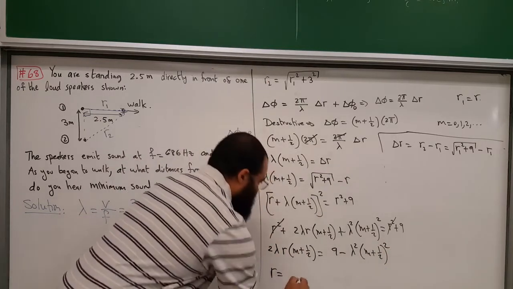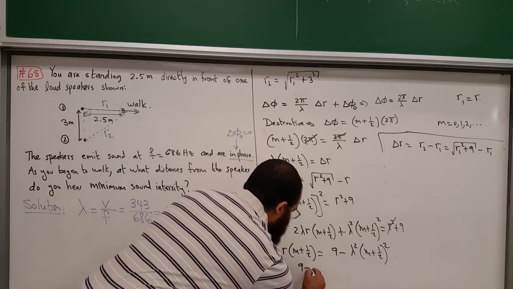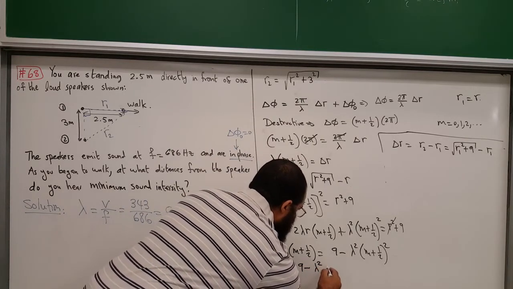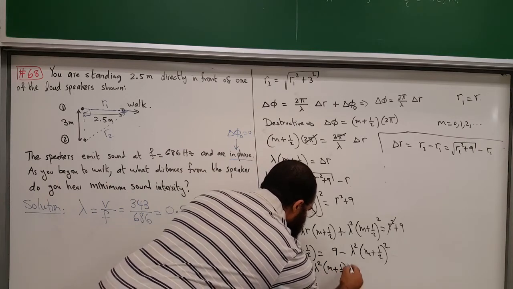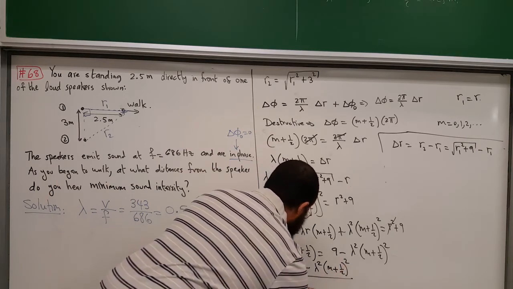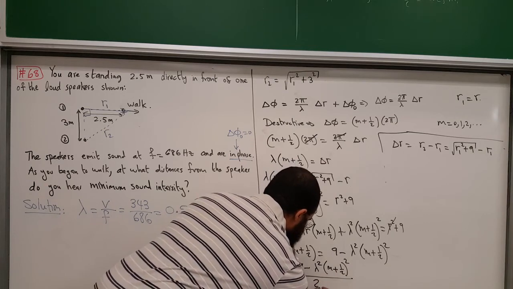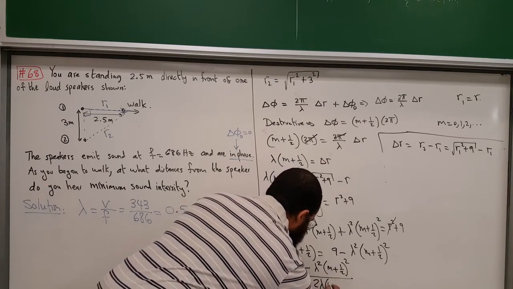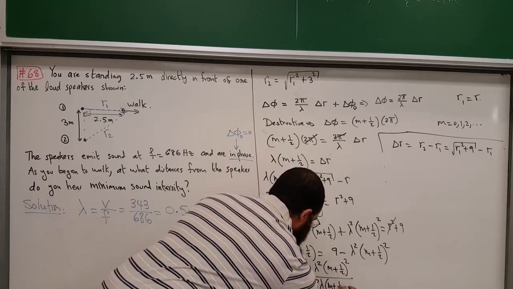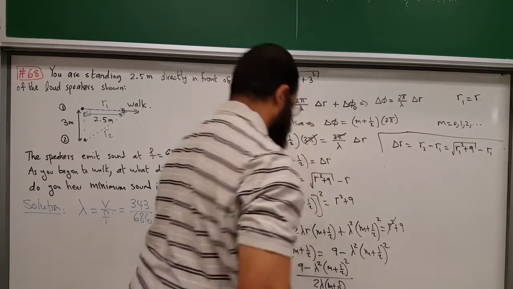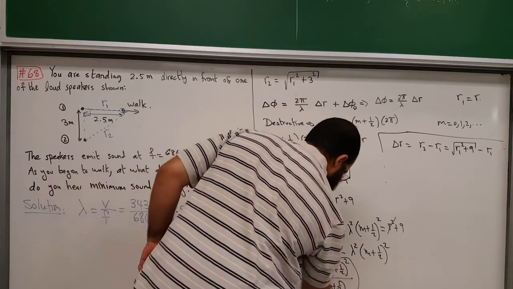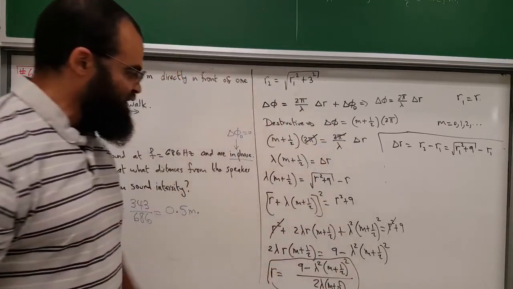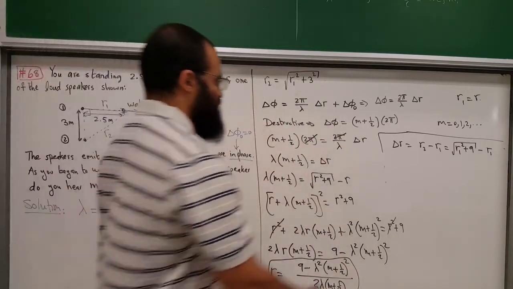Therefore, r will equal 9 minus lambda squared times m plus 1/2 squared, divided by 2 lambda times m plus 1/2, and that's it. So that gives you r. Those are the distances at which the interference is destructive.